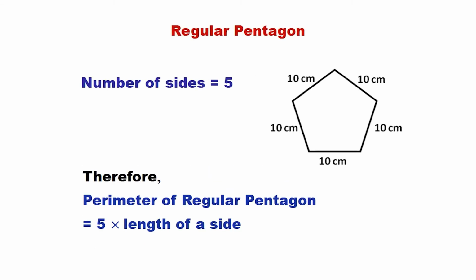This is known as a regular pentagon because it is made of 5 sides of equal length. To find the perimeter of a regular pentagon, we will multiply the length of one side by 5 because the regular pentagon has 5 sides of equal length.